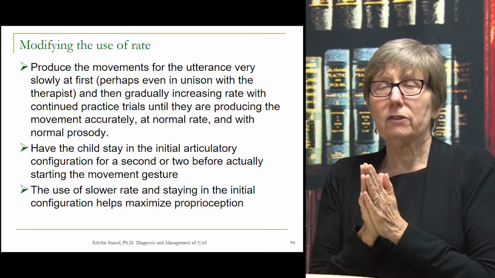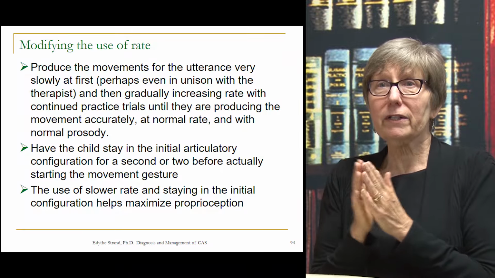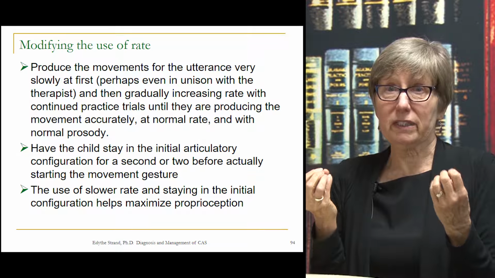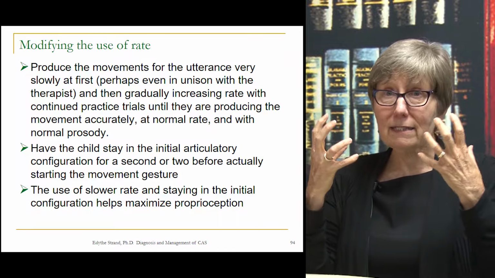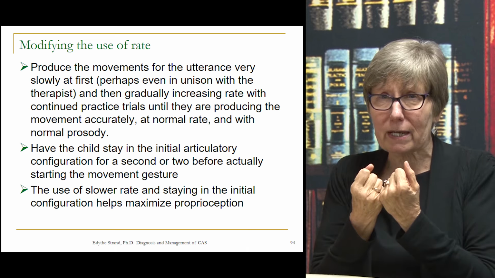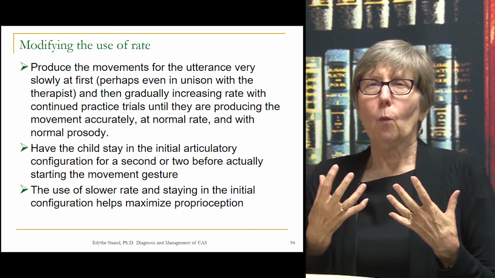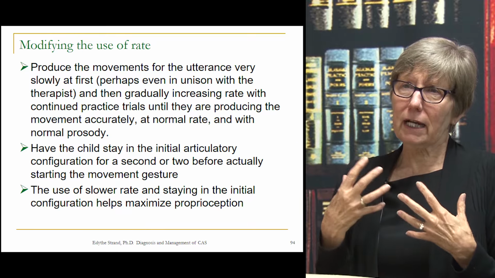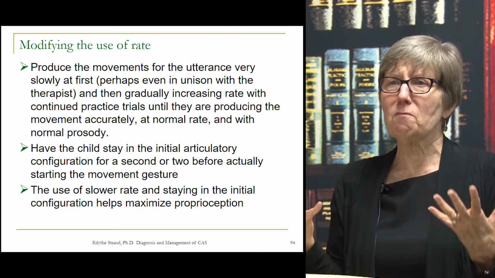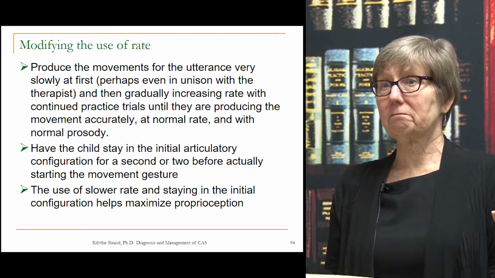I think I said earlier that we don't even know to what degree these kids are really efficient at processing this afferent proprioceptive information. So this is a pretty simplistic way to think about it, but if we're not sure how to do that, let's at least give the brain more time to do it.